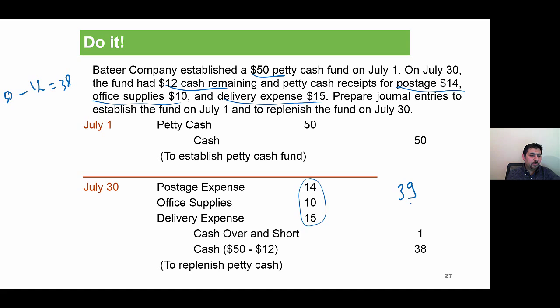This is why the company will credit cash over and short $1. In this case, cash over and short will be reported as a miscellaneous revenue, and cash will always be credited the original petty cash fund size minus whatever is remaining on hand, which is 50 minus 12.